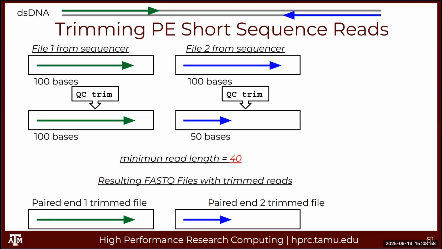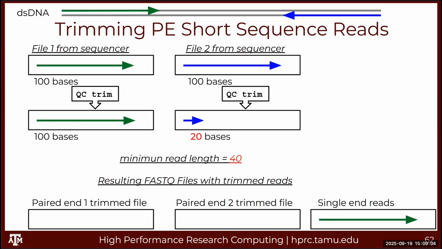It's going to save these into the trim files, read 1 and read 2, into 2 separate files. Sometimes the second read is too short. Say you want a minimum of 40. Second read gets trimmed all the way to 20 bases. You don't want to use that. You discard it, but you can keep this first one. The first one gets thrown into another file called single end reads. It means there's not a pair. The pair was either thrown away or it was sequenced as a single end read.